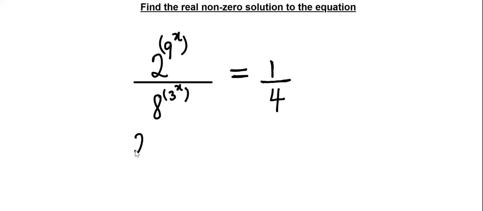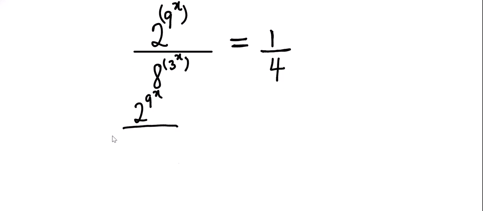Here we have 2 to the power of 9^x divided by 8, and 8 can be written as 2 to the power of 3. Outside this, we have 3 to the power of x, which equals 1 over 4.